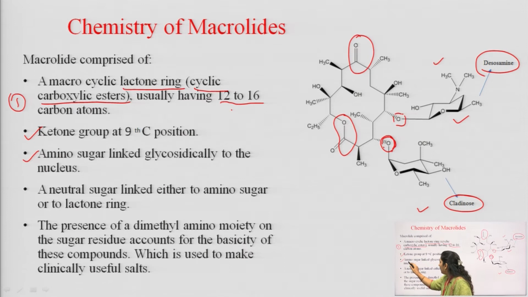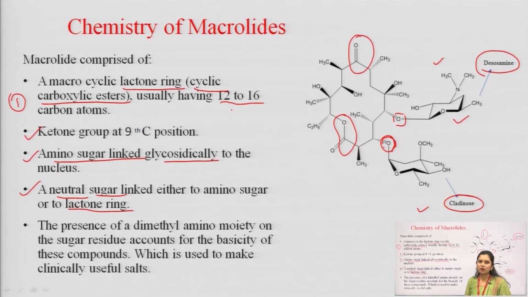So, an amino sugar linked glycosidically and another one, a neutral sugar, linked to the lactone ring through glycosidic bond. Next, we see the presence of dimethyl amino moiety. This is something which makes it basic in nature and helpful in formation of the salts which are used in many diseases for their treatment.